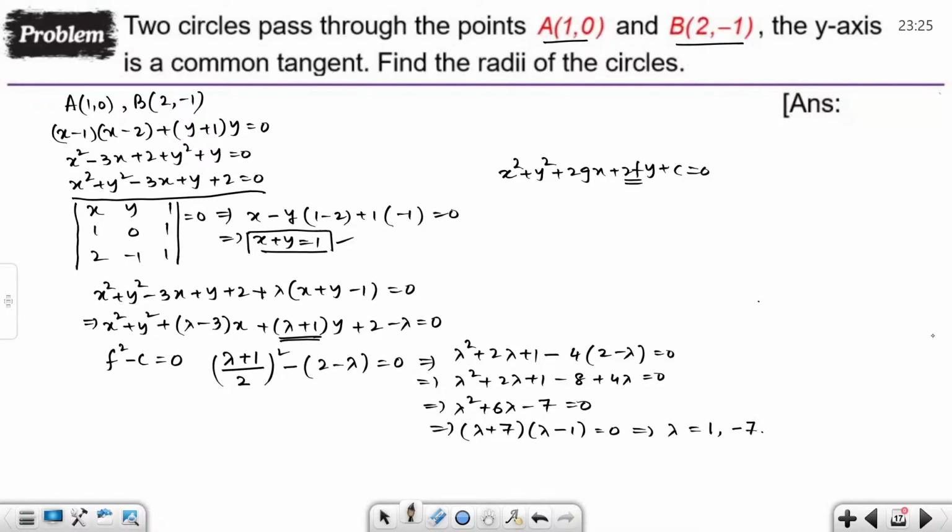Is it clear? So if lambda is 1, then the equation of that circle will be, from this equation, when I put lambda as 1 in this equation.